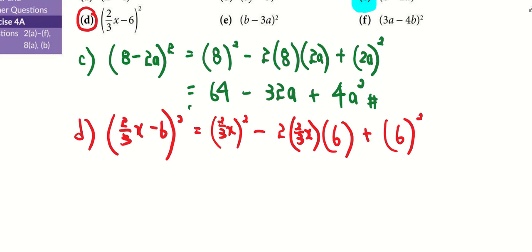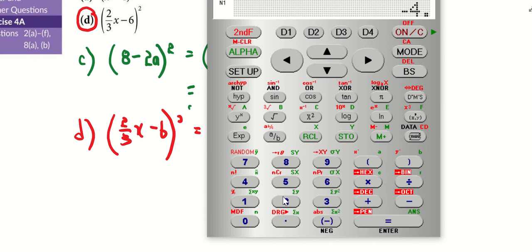Teacher, what is the meaning of 2/3 x bracket square? The square must apply to the number, and the square must also apply to x. So, if I apply the square to 2/3, you press the calculator.